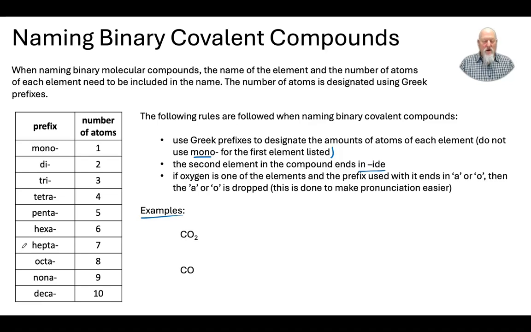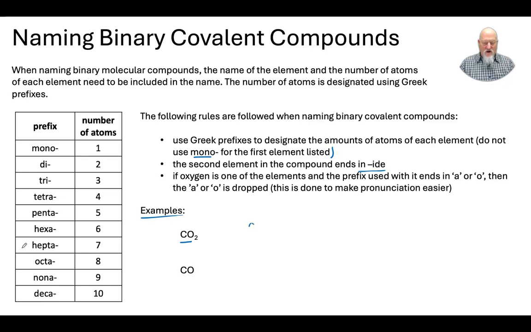Okay, so this first binary compound, binary covalent, we can see it's 2 nonmetals, carbon and oxygen. So they're going to be covalently bonded, so we have to name it using our covalent naming method. So there's only 1 carbon, but it's the first one listed, so we don't use mono.